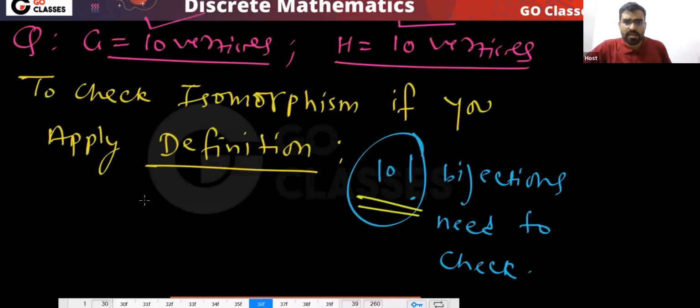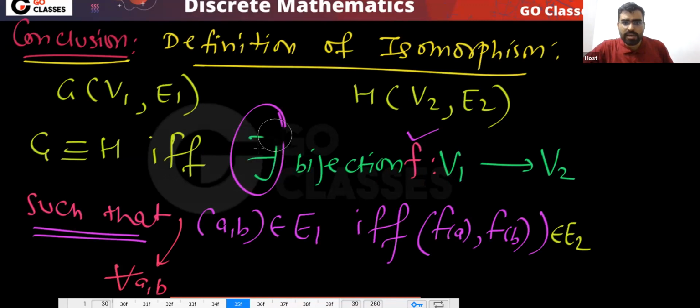They can change something. In one option they will give you this definition, in another option they will change it to for all, in another option they will remove the if and only if and make it just if. They can do whatever they want.